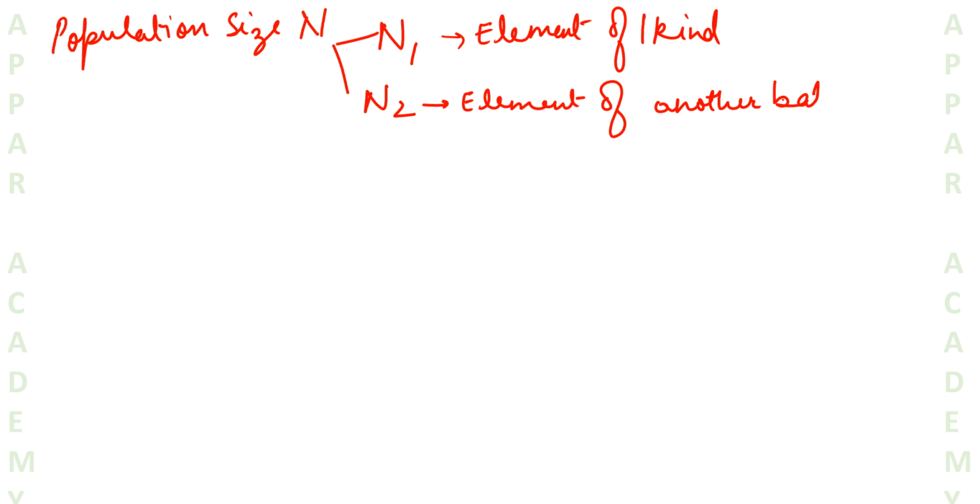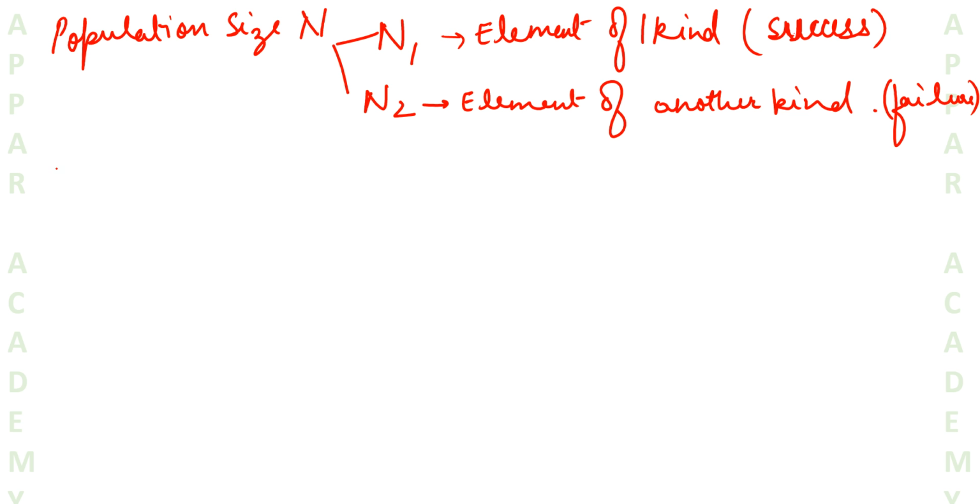So here we are talking about n1 as one kind of element and n2 as another kind of element. Now let's talk about this as success and this as failure. Let's say we are finding the probability of n1 kind of elements, so n2 is the failure and n1 is the success, because I'm trying to find the probability of getting n1 number of elements, right?